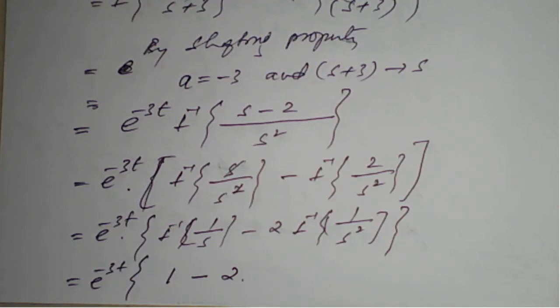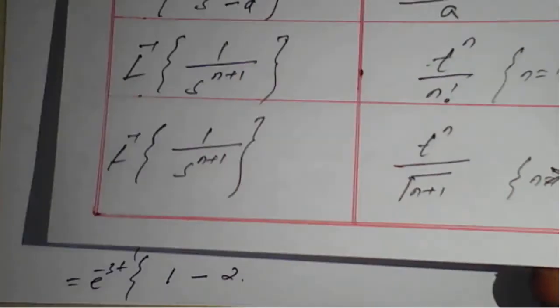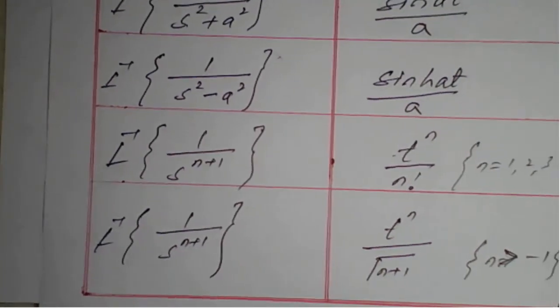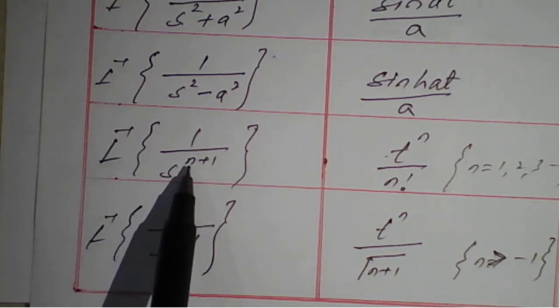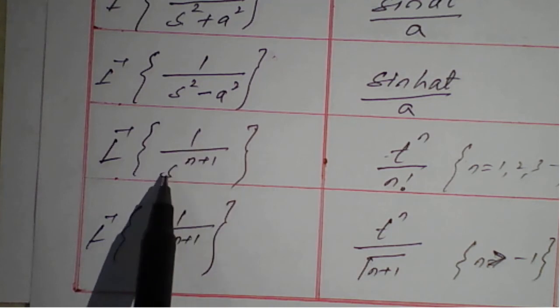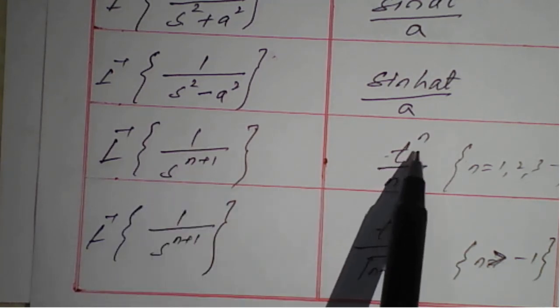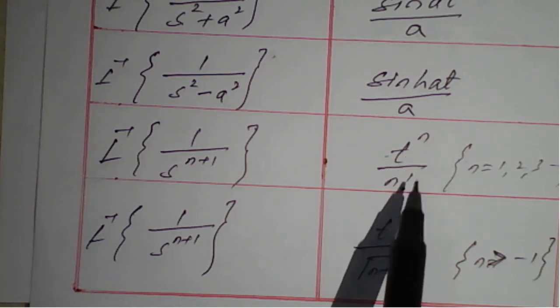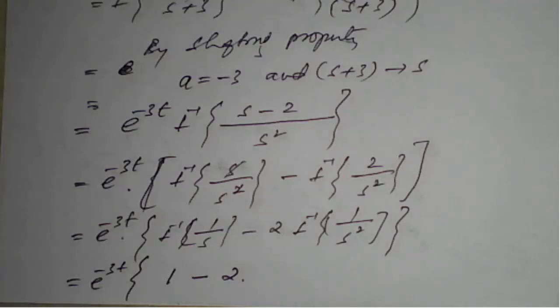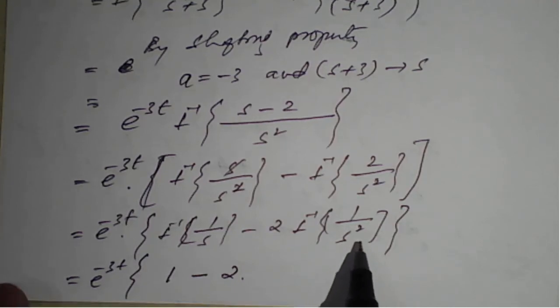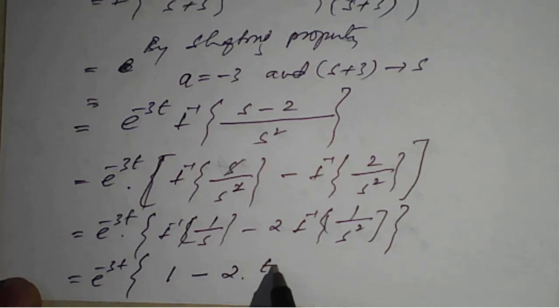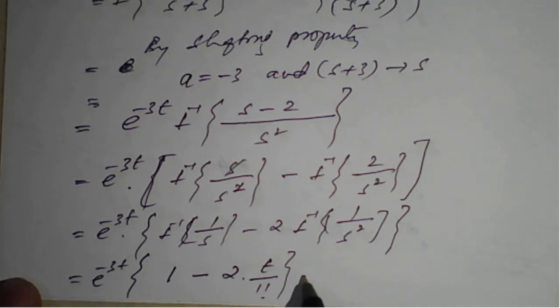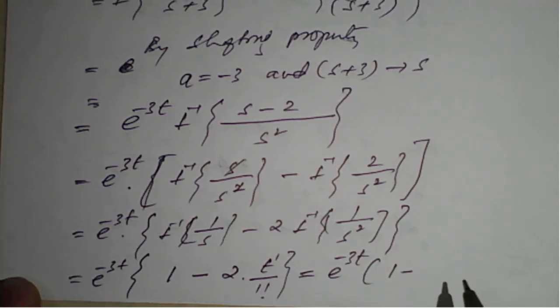We know one of the formulas we have seen: inverse Laplace of 1 upon s raised to n plus 1 is t raised to n divided by n factorial. Since 2 can be written as 1 plus 1, n value is 1, so t raised to 1 divided by 1 factorial, which is t. So it is nothing but e raised to minus 3t into 1 minus 2t.